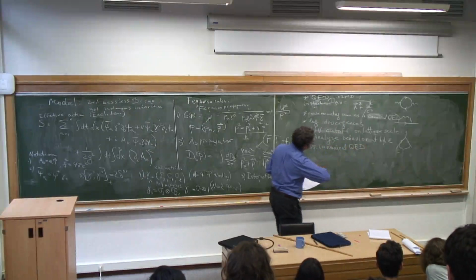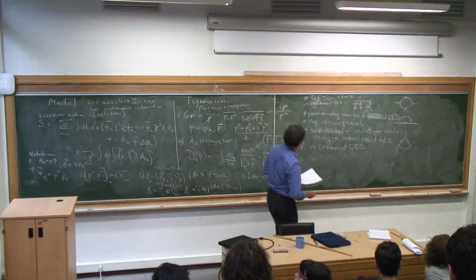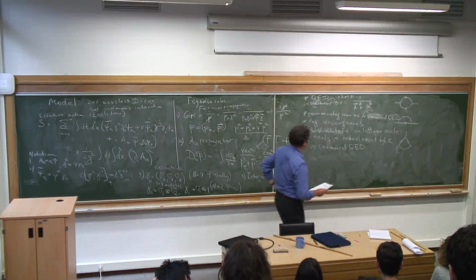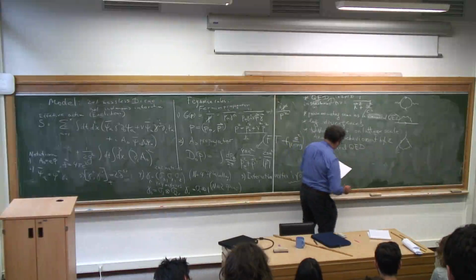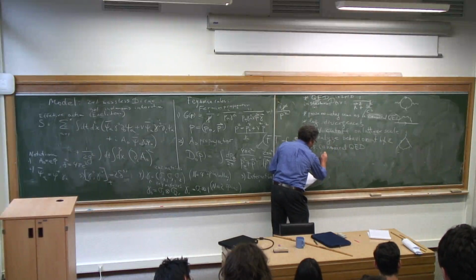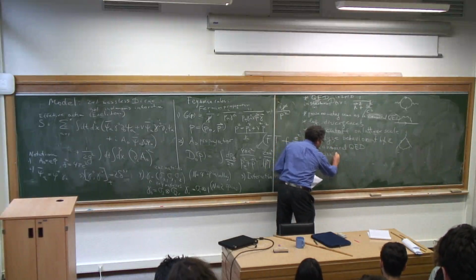So the renormalization group runs in the other direction. Here it runs from low energies to high energies, there from high energies to low energies, and that's known, but let's just write this down. So here we have a running UV cutoff.